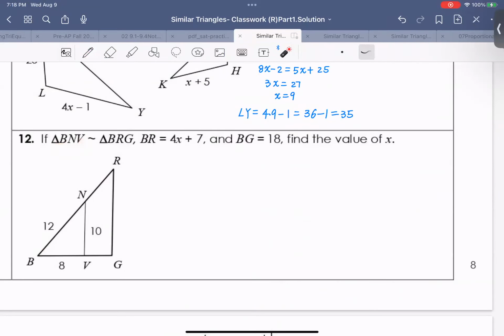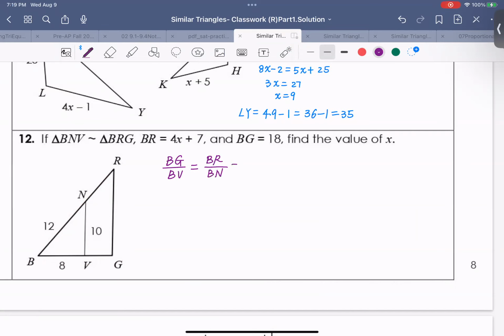Based on this small triangle, similar to this large triangle, we will use the ratio equal. Okay, go ahead, please. So first we can do BG over BV is equal to BR over BN. You do the first and the last letter, equals BR over BN, right?